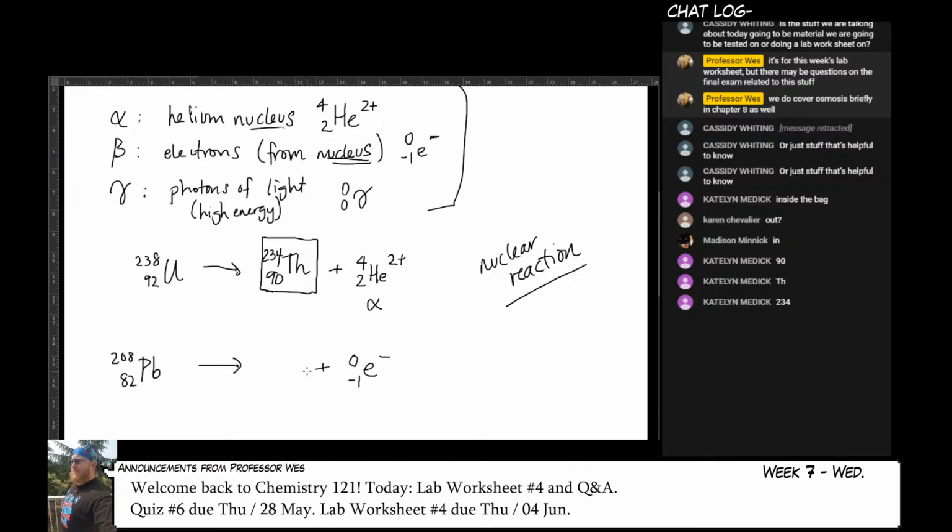So now, if I'm going to add that to whatever is left over, what number, first of all, should go in the box? What number is going to be the difference between these two? What number should I put here? And then, what element is that?